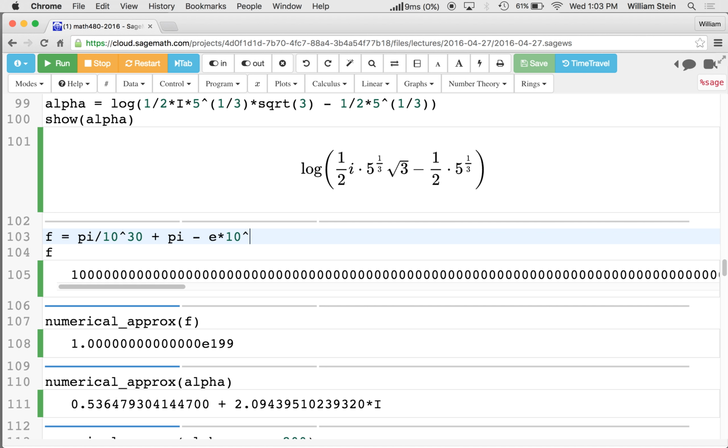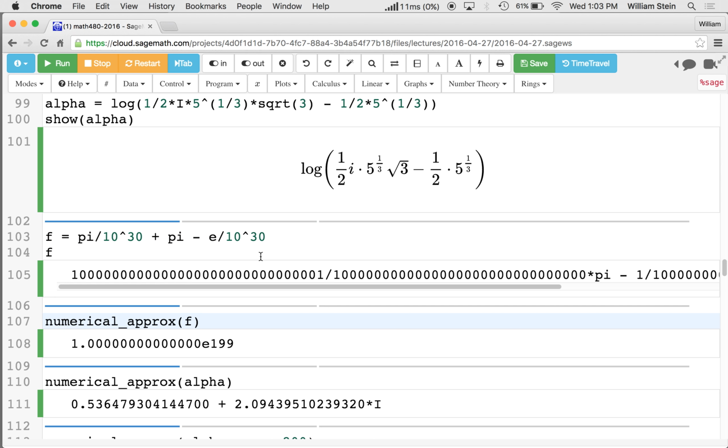Something a little simpler. Okay, big, tiny number plus big number plus maybe another tiny number. The thing is, it simplifies it already, so we would need something that evaluates to pi, but doesn't simplify immediately until you plug something in.